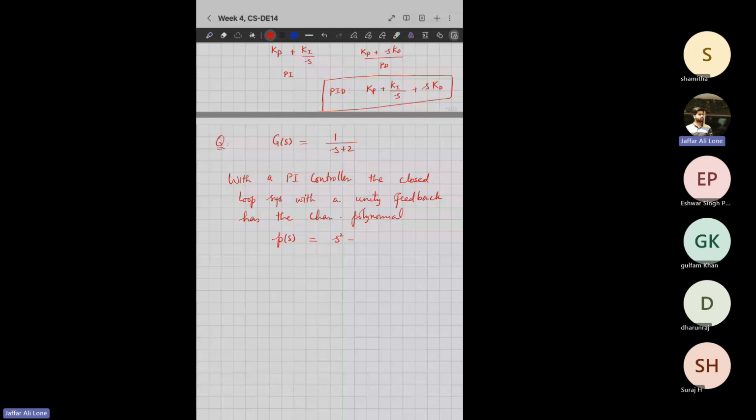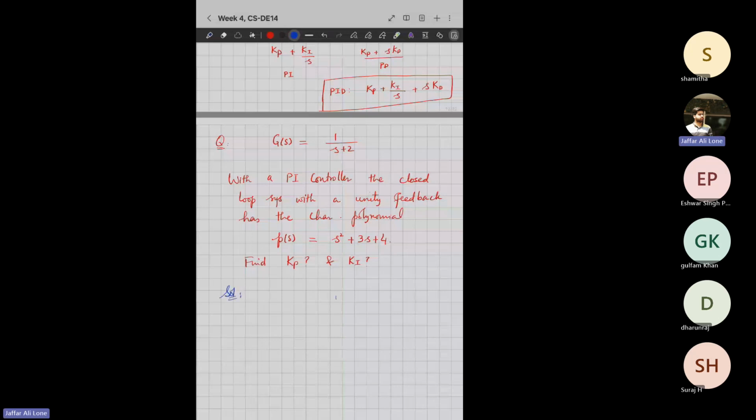This is given as the characteristic polynomial when we add a PI controller. And what is being asked? Find Kp and Ki.